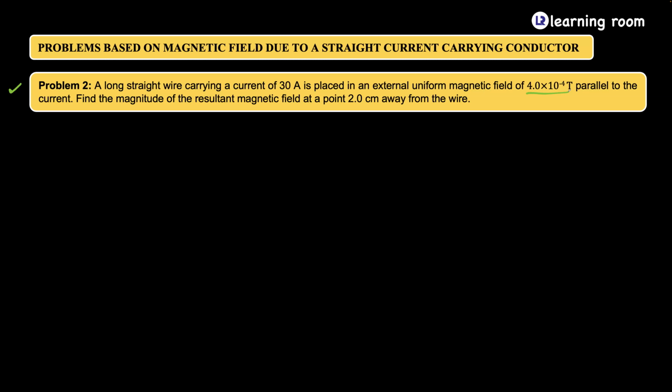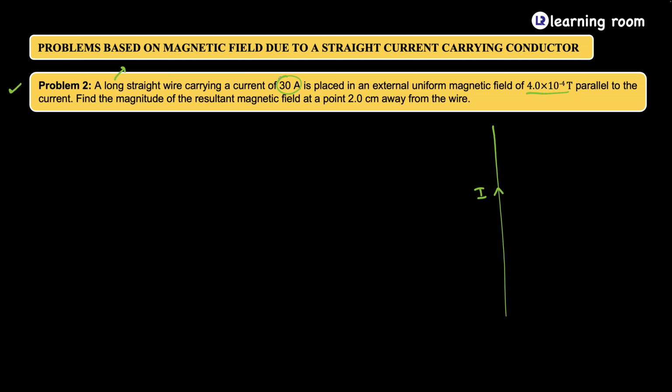So basically, you have a long straight wire, infinitely long, which carries a current of I equal to 30 ampere. This conductor, due to its own current, will produce a magnetic field.